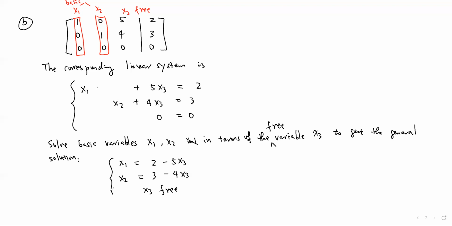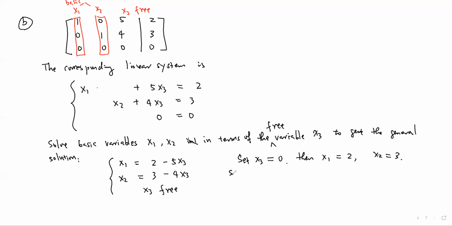Now we have so many solutions. Let me pick one solution. I set x3 arbitrarily to 0. Then I get one solution. Then x1 is 2 minus 5 times 0, that is 2. x2 is 3 minus 4 times 0, that is 3.